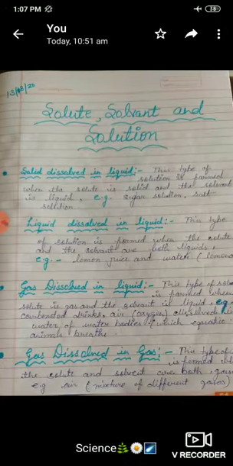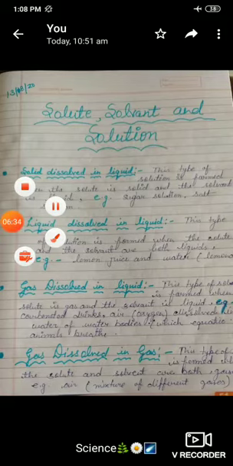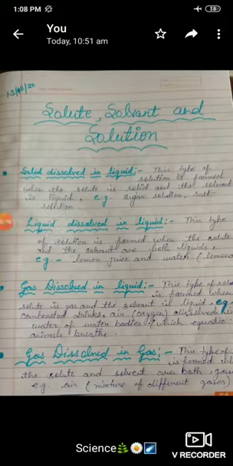And gas dissolved in gas: our environment is surrounded by many types of gases like oxygen, nitrogen and carbon dioxide, and the air is a mixture of different types of gases. So this is the process of gas dissolving in gas. Students, I hope you all understand solute, solvent and solution, and the processes of solid dissolving in liquid, liquid dissolving in liquid, gas dissolving in liquid, and gas dissolving in gas.